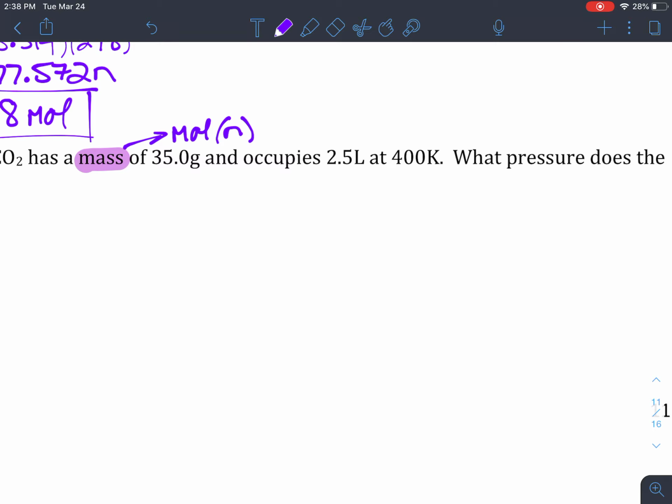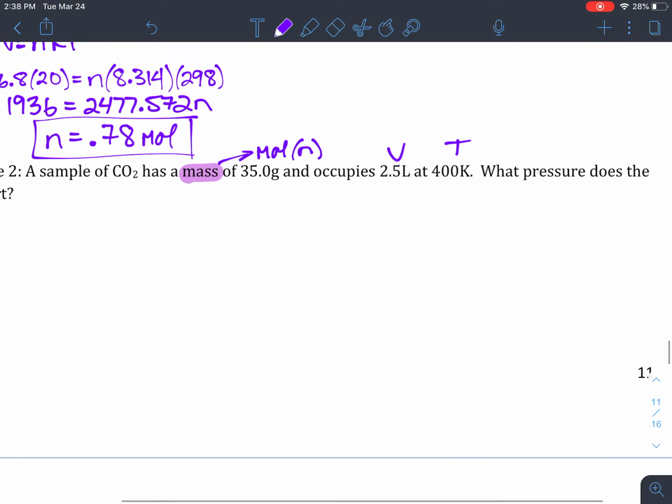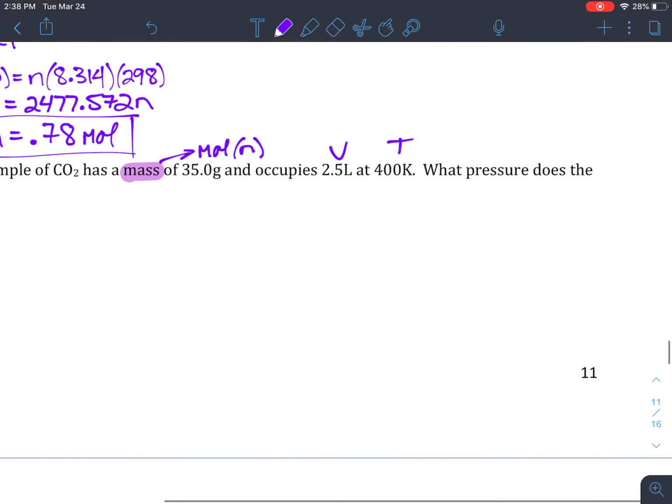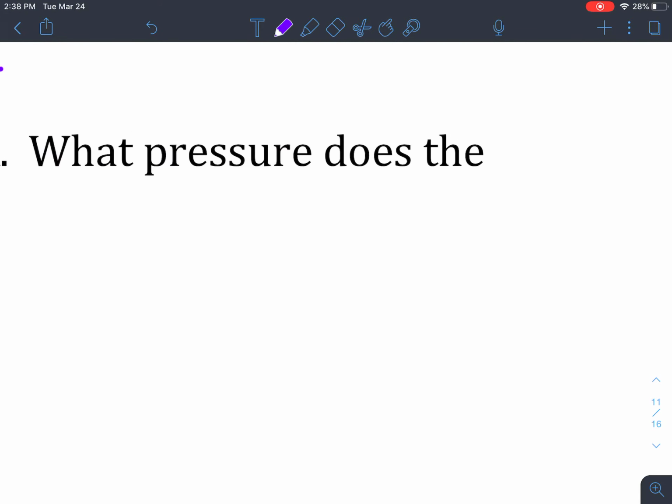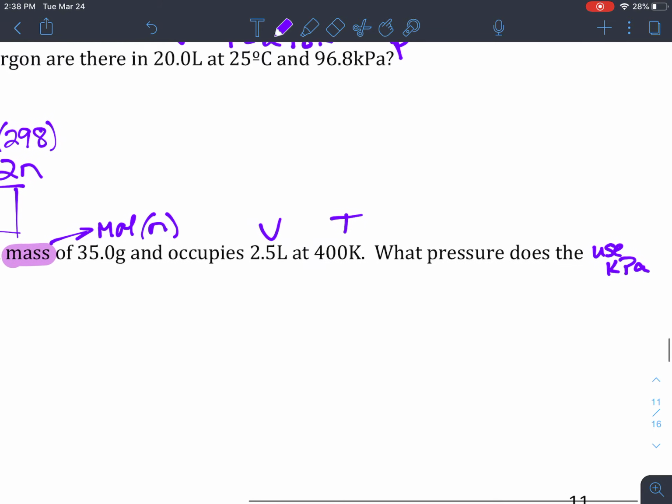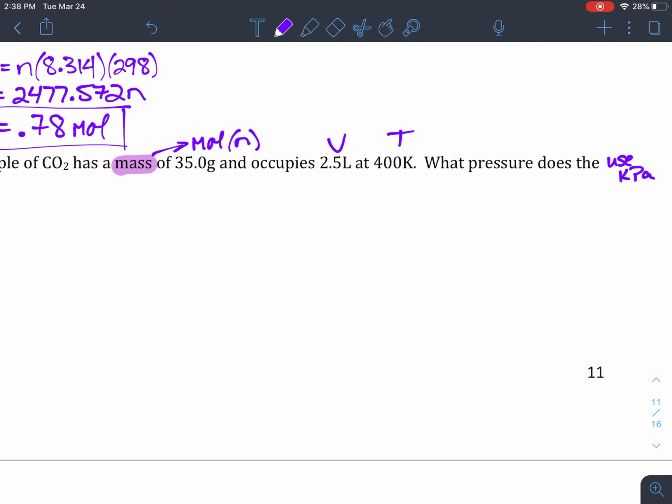And it occupies 2.5 liters at 400 Kelvin. What pressure does the gas exert? And I do have a note for myself to use kPa for this one, even though I forgot to put it on your page. Use kPa as your unit for pressure.